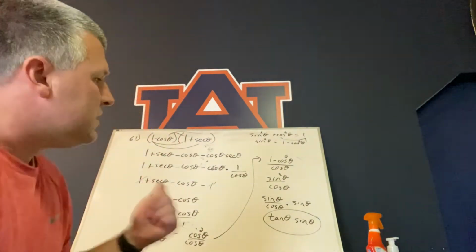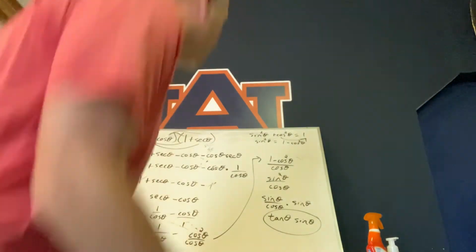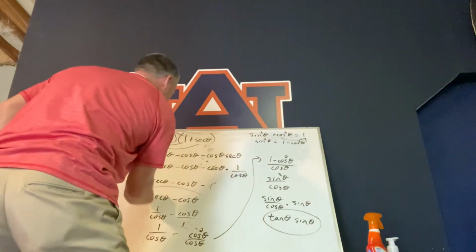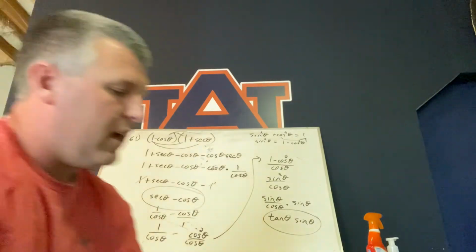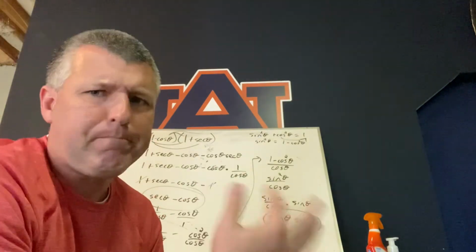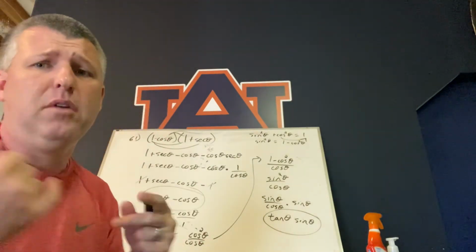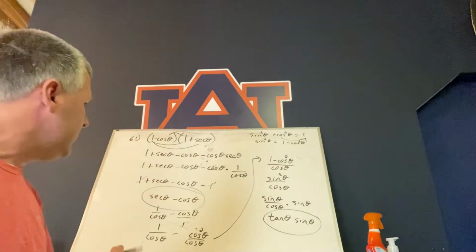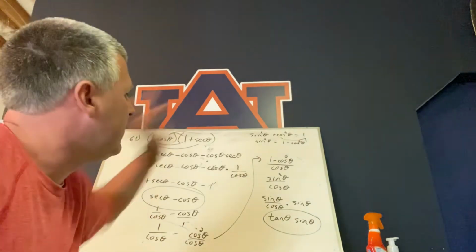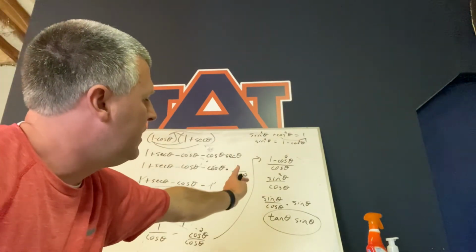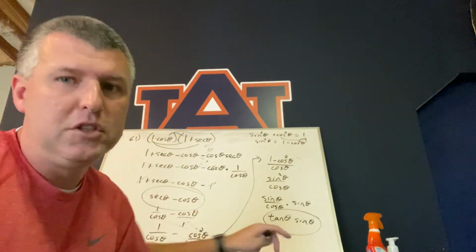I want you to see that, yes, we got here and looked at it as secant theta minus cosine theta, but then I said, hey, you know what? I never changed everything into terms of sine and cosine. So I did that, and I simplified further, so to speak, and ended up with tangent theta times sine theta, which is multiplication.